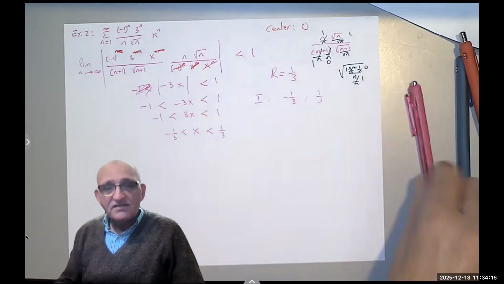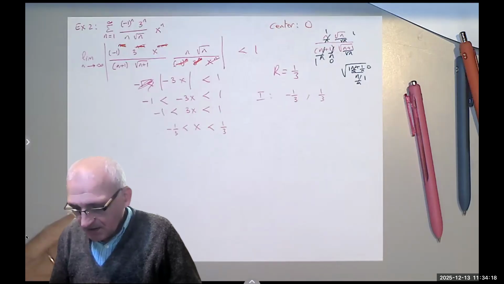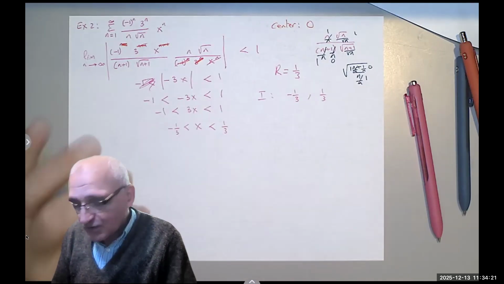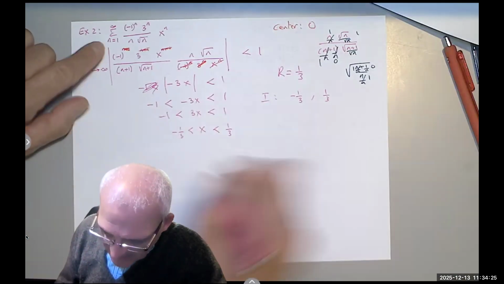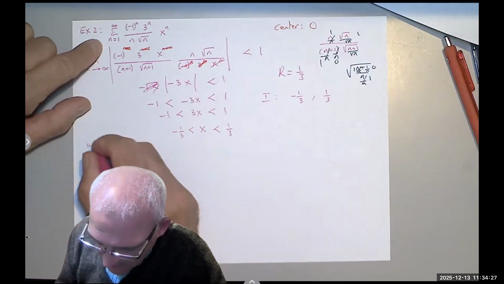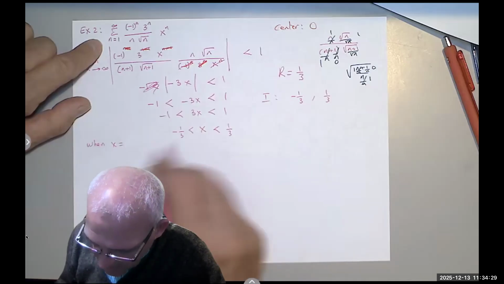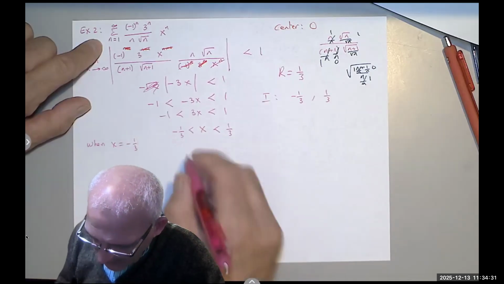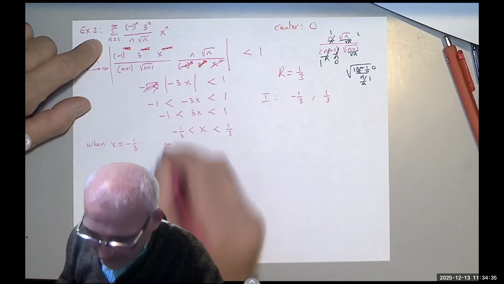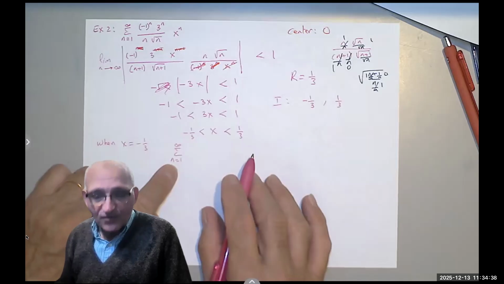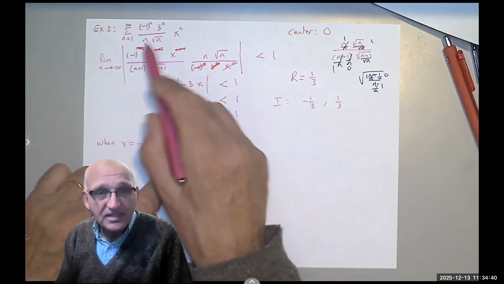And again, the only thing remaining to be found is whether these two values would be included. So we'll go back and say when x equals negative 1/3, I will get summation n going from 1 to infinity. Notice here we started the series from 1, not 0, because I would divide by 0.